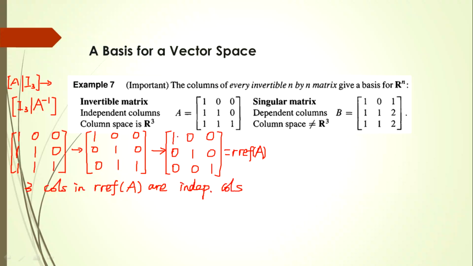They are those 1, 0, 0, and 0, 1, 0. They are standard bases, right? Because the length of each vector is 1, right?